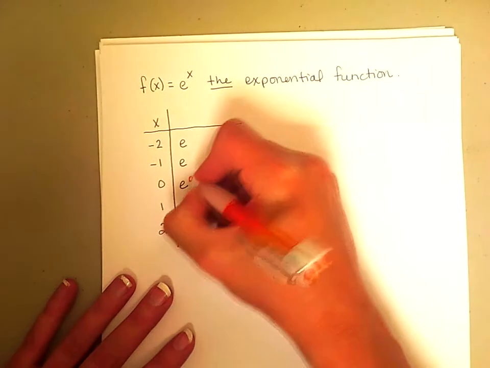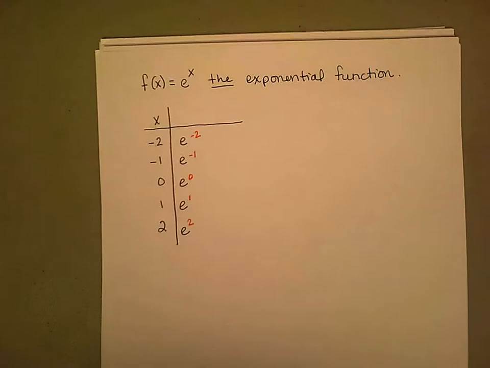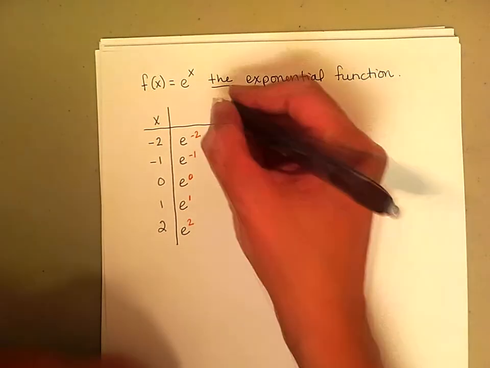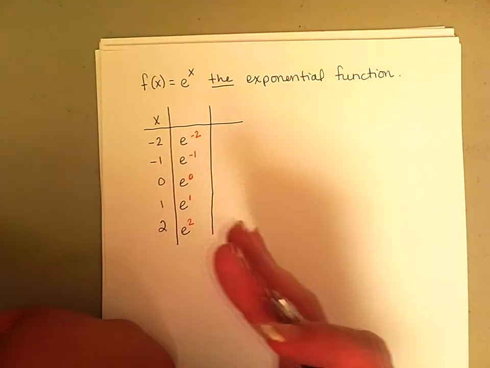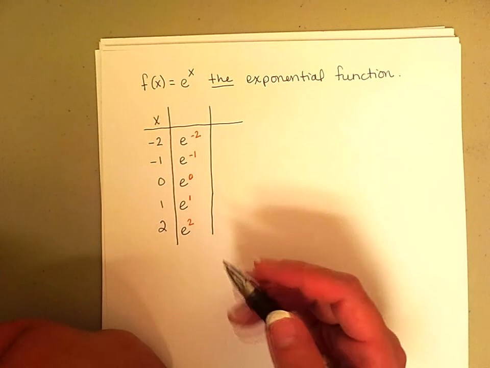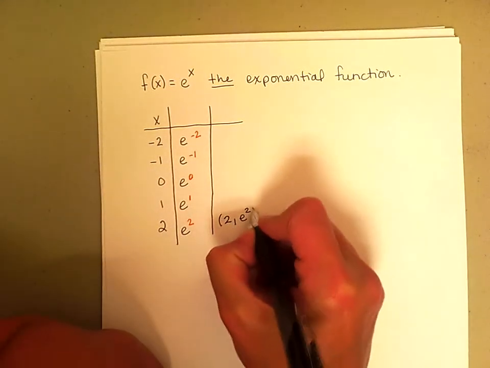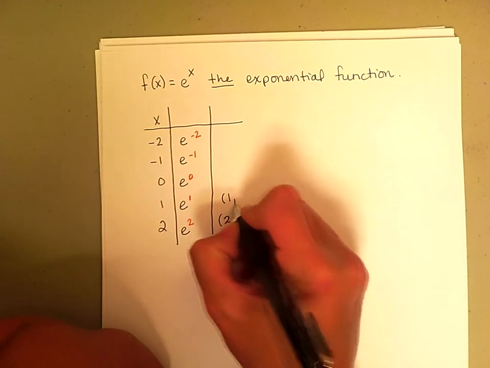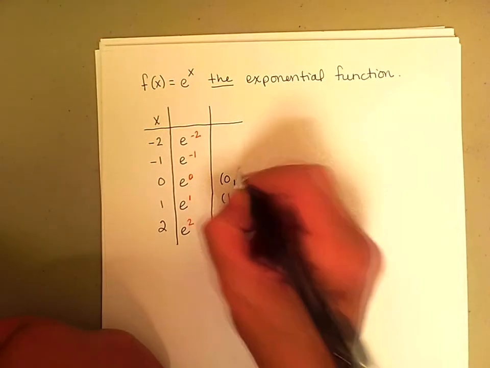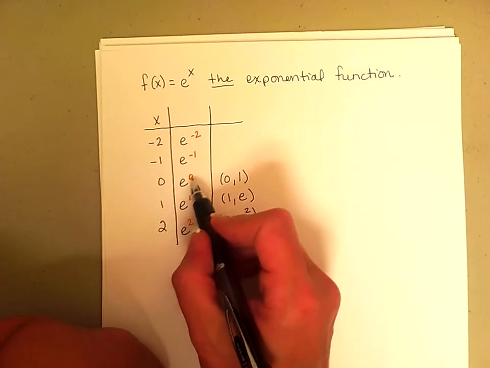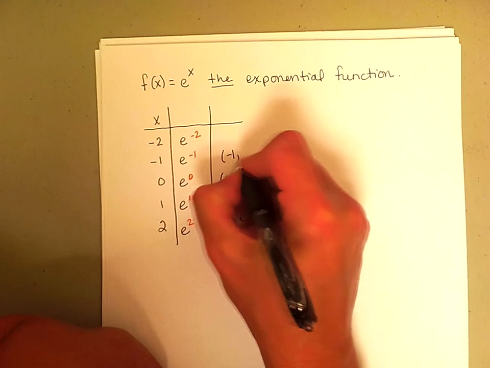Using the same logic, e squared, e to the first, e to the 0, e to the negative 1, and e to the negative 2. So since this is an irrational number, let's not even try and approximate it. There is an ordered pair 2, e squared. When x is 1, we simply get e. When x is 0, we get 1, because anything to the 0 power is 1.